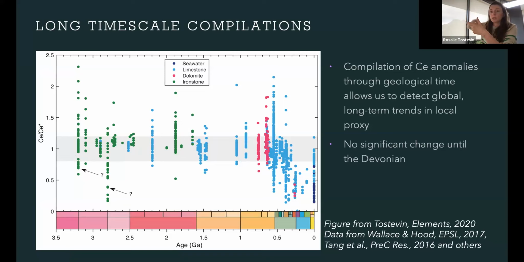In a water column with absolutely no oxygen available, like perhaps we had in the Archean, you wouldn't see any negative or positive cerium anomalies. Everything would be 1. If you have a stratified water column with oxic conditions above and anoxic conditions below, you can have a negative cerium anomaly above and then a positive cerium anomaly below the chemocline. So just to make that distinction between what it's telling you about the local conditions and what it's telling you more broadly about the regional and global conditions.